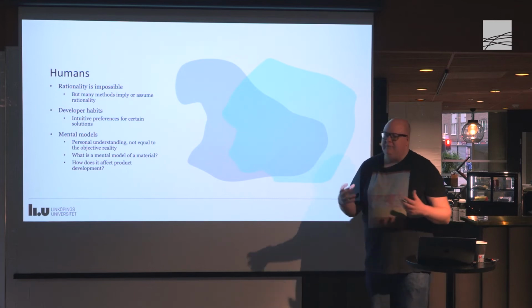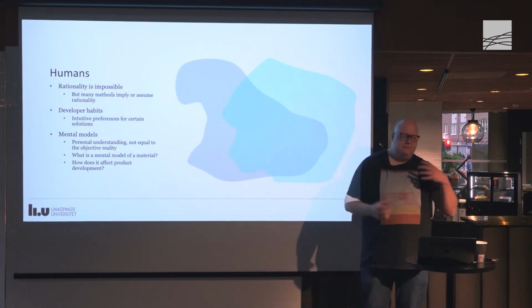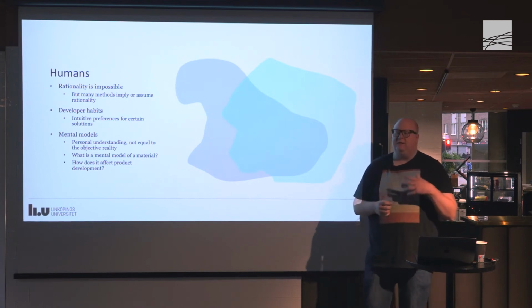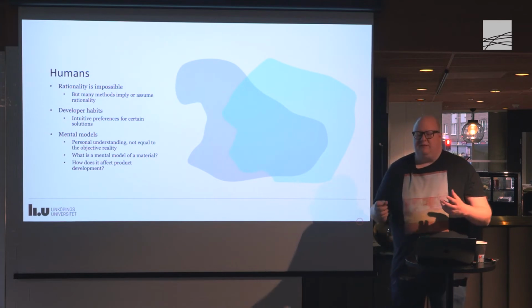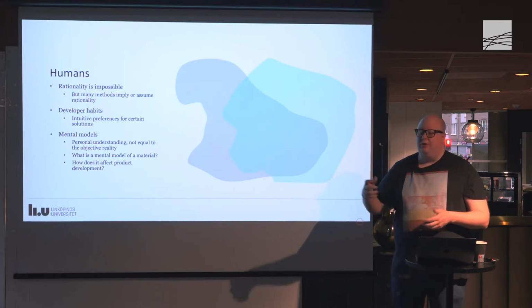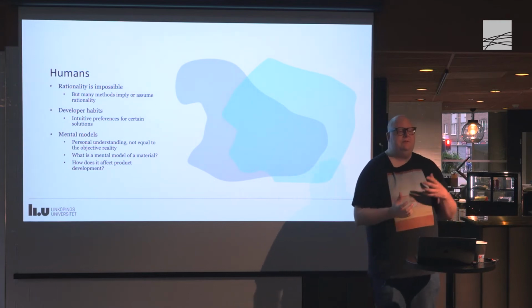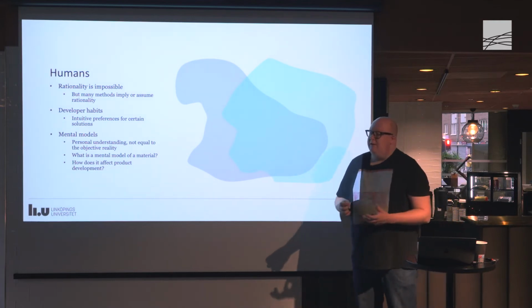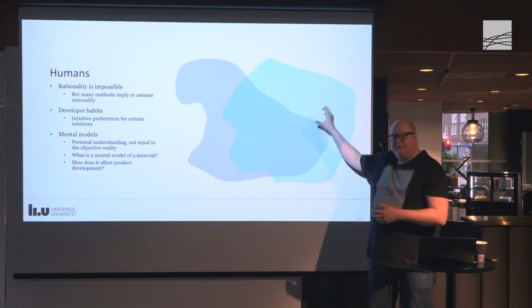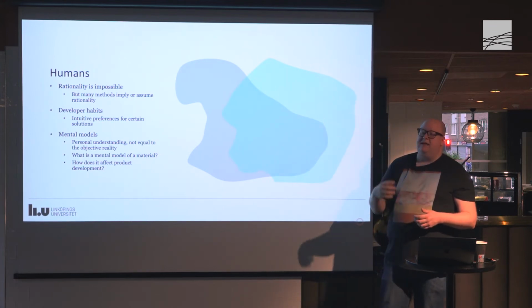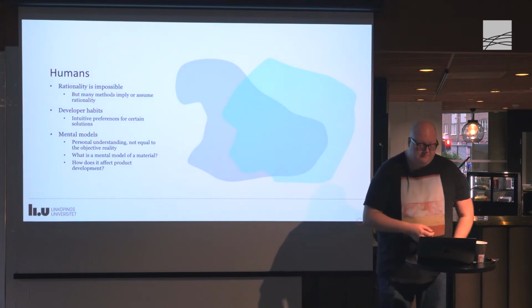And of course, there are mental models of materials as well. I perceive ABS plastic to be something, and I can do certain things with it. I perceive other materials in another way, and someone who's worked with ABS for their whole life will probably have a totally different understanding of the material. These can be larger or smaller depending on the experience, knowledge and skills of someone who's working.